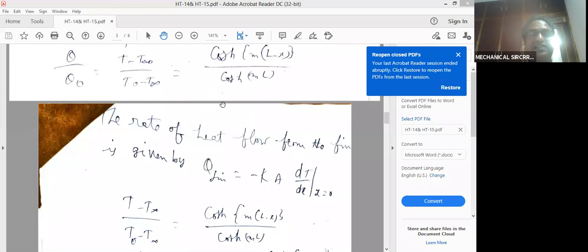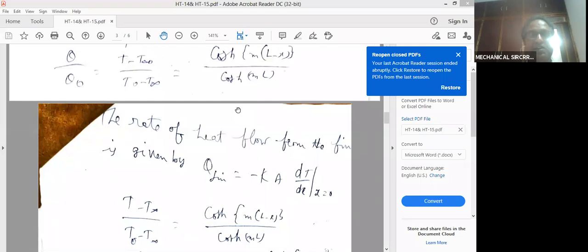Yesterday we have discussed at x is equal to L, dT by dx is equal to 0. First boundary condition, at x is equal to 0, T is equal to T naught, or theta is equal to theta naught. At x is equal to L, dT by dx is equal to 0.